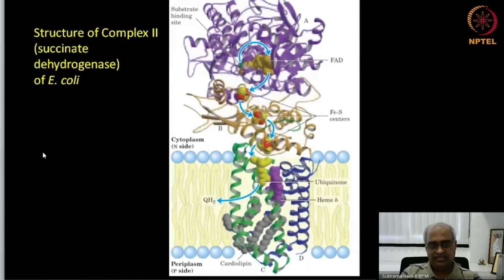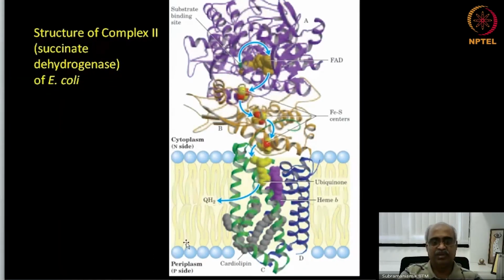In the TCA cycle, we saw succinate dehydrogenase, which oxidizes succinate into fumarate. And there I told you succinate dehydrogenase is a membrane-bound enzyme, while all other enzymes of the TCA cycle are in the mitochondrial matrix. That membrane is the inner membrane.